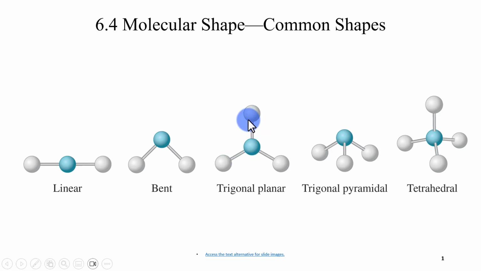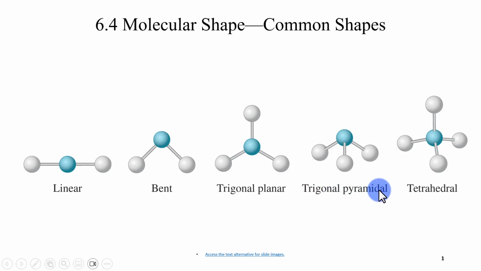So if you think of it as all of these atoms are in the same plane, where the terminal atoms, the white atoms, form a triangle, and the central atom is right in the middle of that triangle. That's trigonal planar because they're all in the same plane, and trigonal for triangle.